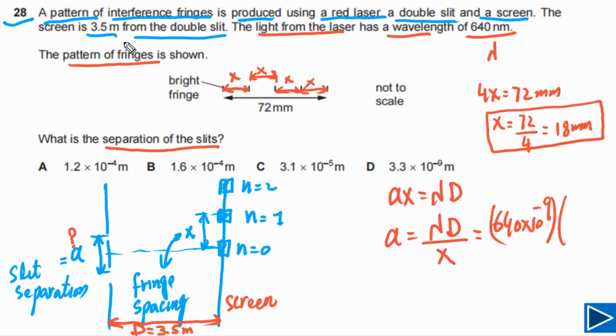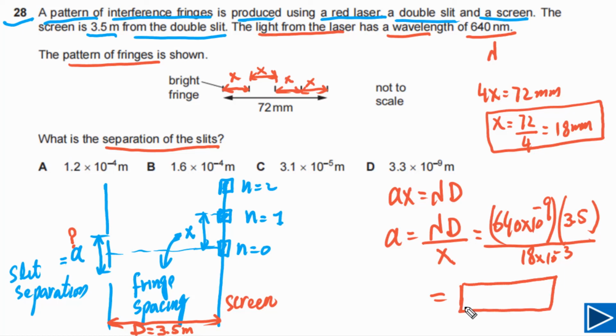D is given, that is 3.5 meters. We have to divide by x, and x is equal to 18 millimeters. Now we solve this for a. If we solve this for a, our final answer will be 1.2 times 10 to negative 4 meters. So the answer for this question is A.